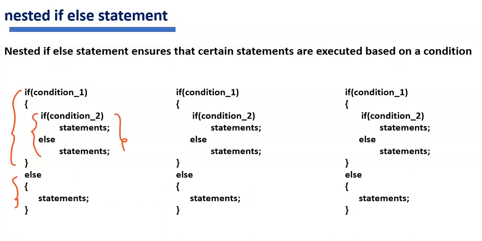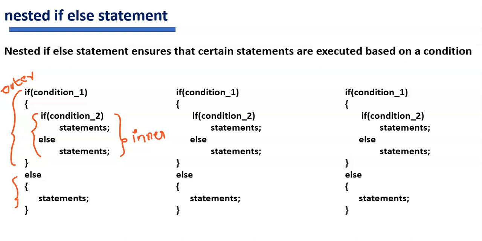This one is the inner if else statement, and the outer one is the outer if else statement. That means one if else statement is placed in another if else statement. Such a concept is called a nested if else statement.